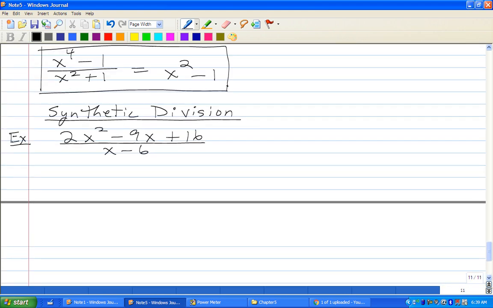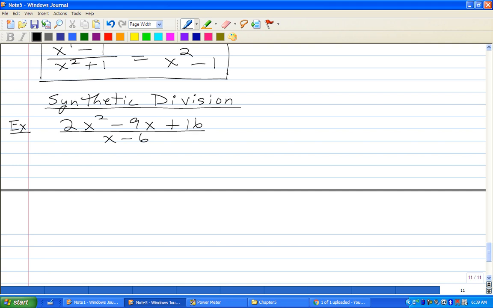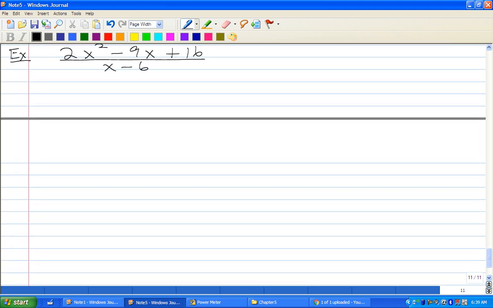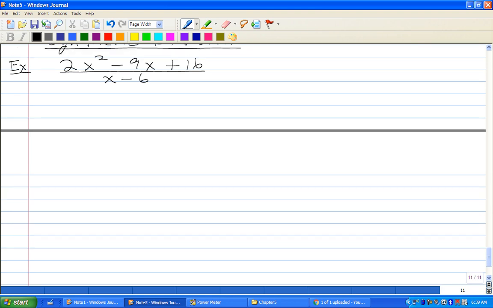And so we will do the following. I'll take just the coefficients of this polynomial in the dividend. So I have 2x squared minus 9x plus 16. So let's not write down any of the x's. Next, I have x minus 6.